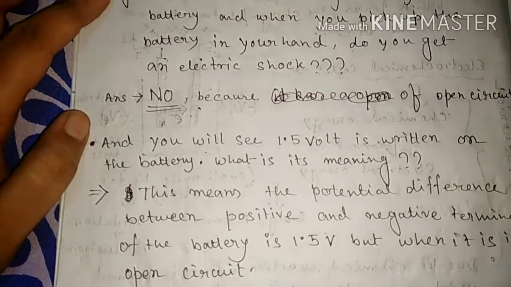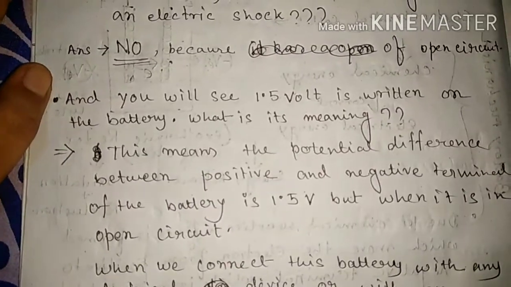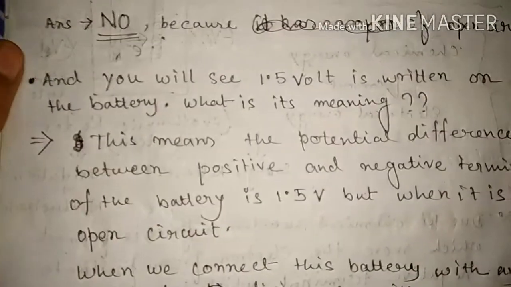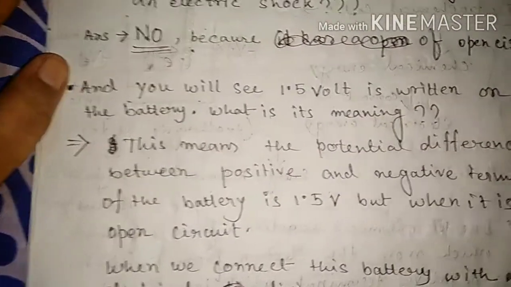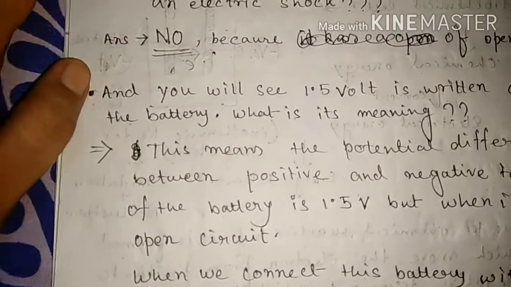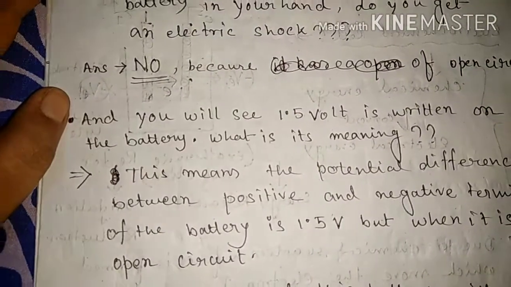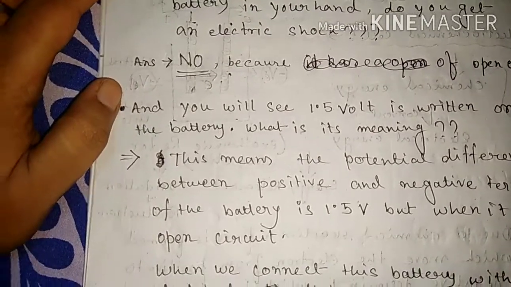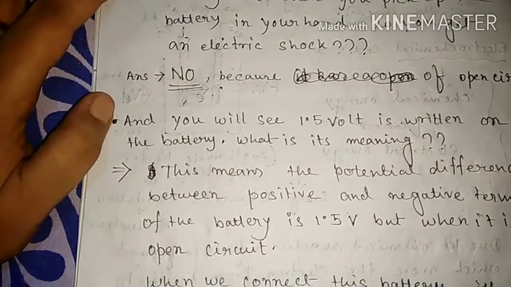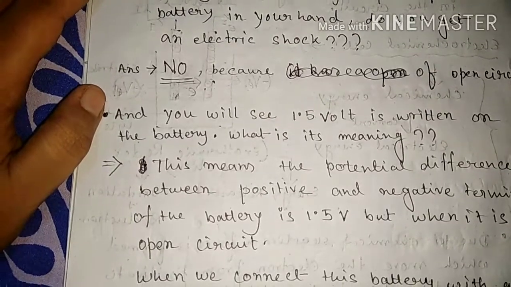So the potential difference decreases because it is now a closed circuit and we get the electric current. Did you understand? So whatever battery you buy from the market, if it is written 1.5 volt, that means the EMF is 1.5 volt. But when we use it for practical or household purposes, it will not give us 1.5 or 9 volt, because in a closed circuit some energy will drop, the potential difference decreases.